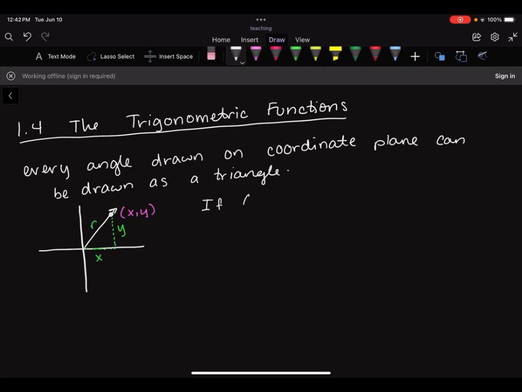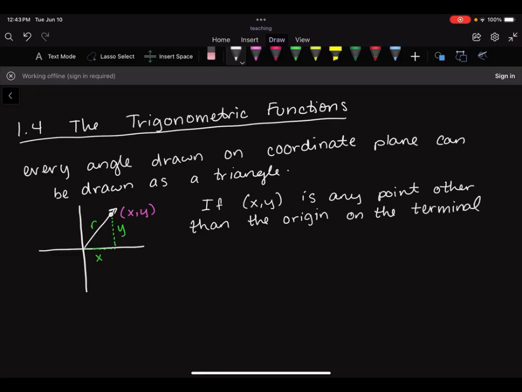Now, if xy is any point other than the origin, on the terminal side of an angle, I'll just call it alpha, so we're saying alpha's here, in standard position.